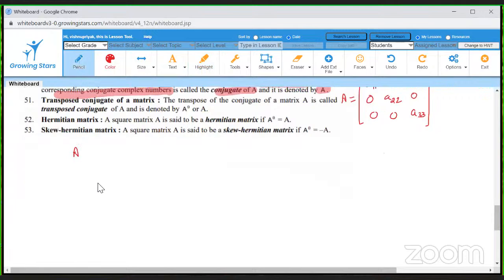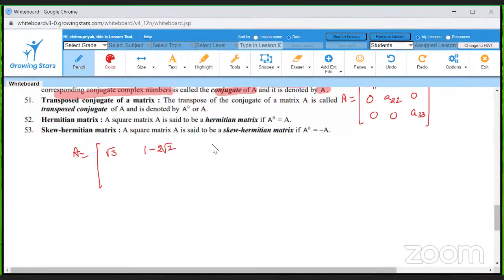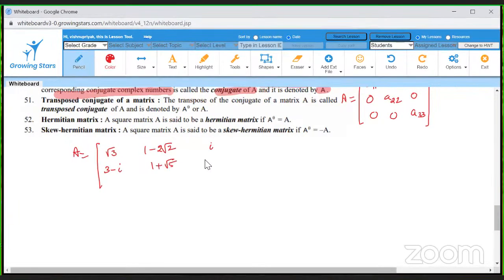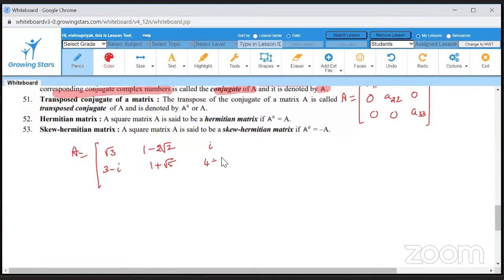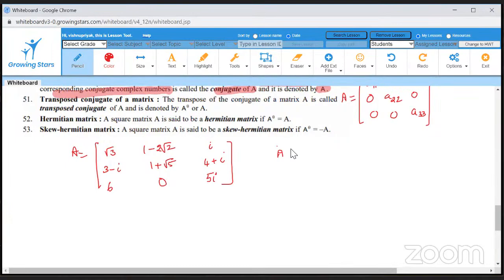Suppose A is having square root of 3, 1 minus 2 square root of 2, I, 3 minus I, 1 plus square root of 5, then 4 plus I, then 6, then 0, then 5I, like this. This is the A matrix.